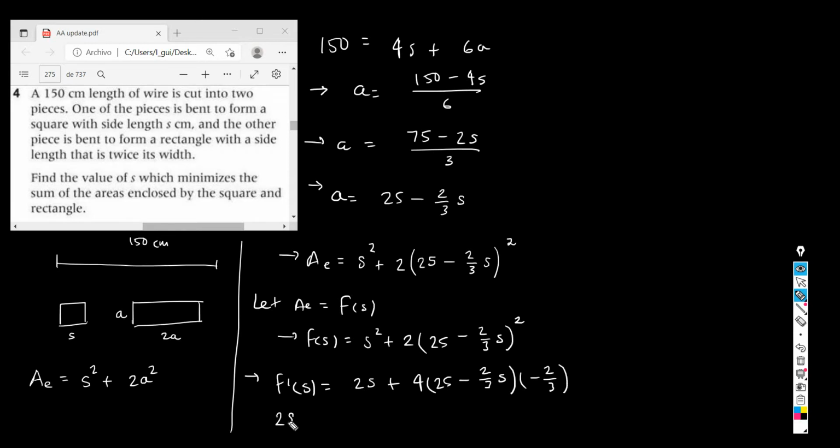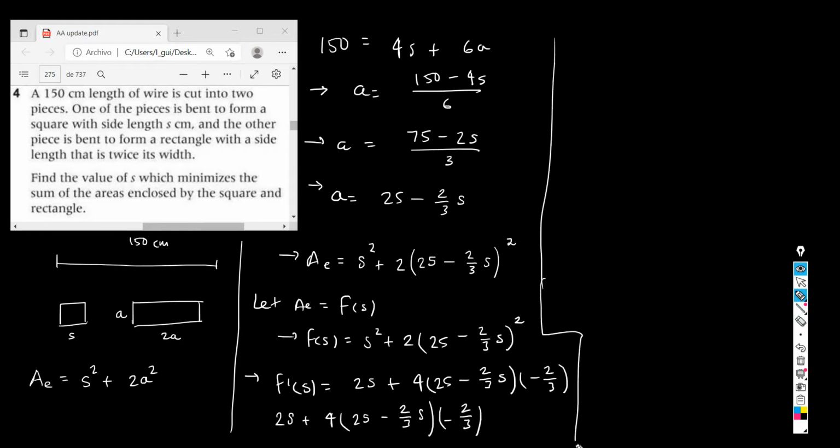So it's going to be 2S plus 4 times 25 minus 2/3 S, times minus 2/3. And you know what? Since working with S is quite complicated because you can misunderstand an S for a 5, I'm going to work with x.